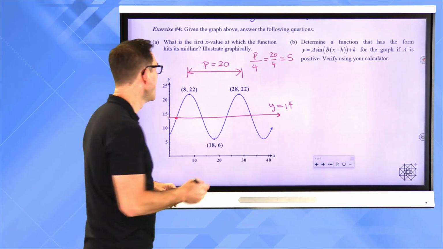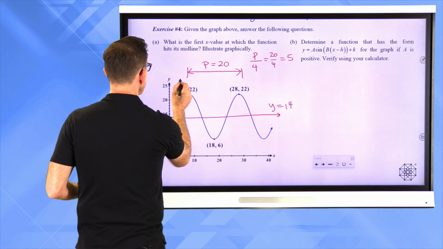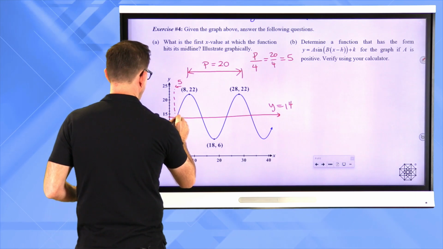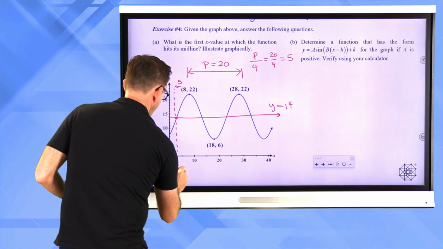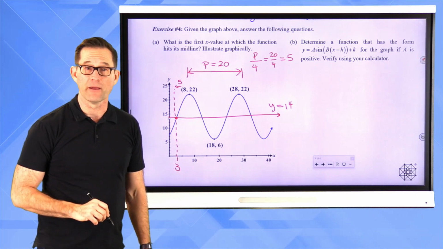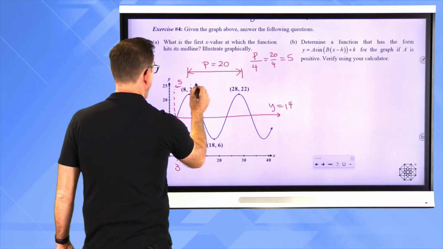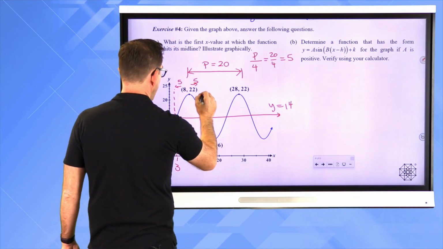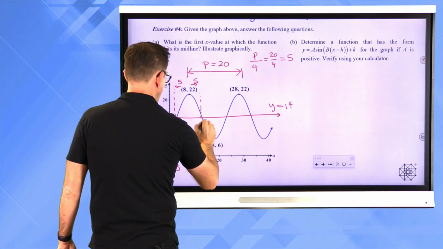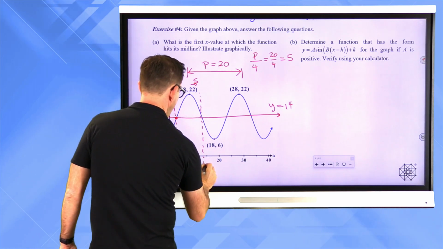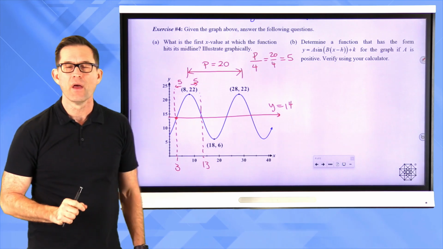In other words, if I go 5 units to the left, then I'm at an x value of 3. By the way, if I went 5 units to the right, if I cared that much, then I'd be at an x value of 13.